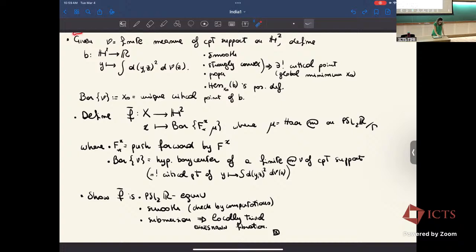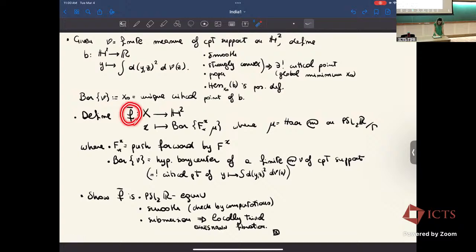And so this notion of a barycenter is what we apply to the pushforward of the Haar measure on the quotient. We have the Haar measure on PSL2R that descends to the quotient, and then we push forward using fx. We use this barycenter, and so these define a map from X into H2.